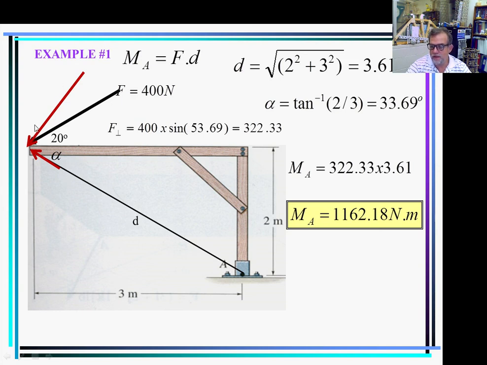And this was the vertical, or perpendicular, component to the direction of the distance of that force. But in that case, I needed to find this angle here. This angle was easy to find because this was 20, a given, and this alpha here could be calculated based on the geometry. As you can see, the amount of work involved in the calculation was much smaller than the other one.